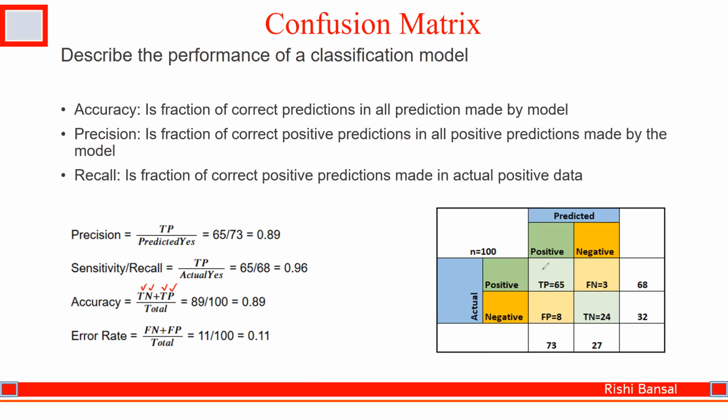That is this box and this box, right? So sum these values because you predicted these things correctly. That is 65 plus 24, 89. And how many were total readings? 100. So divided by 100, you will get 89% accuracy.